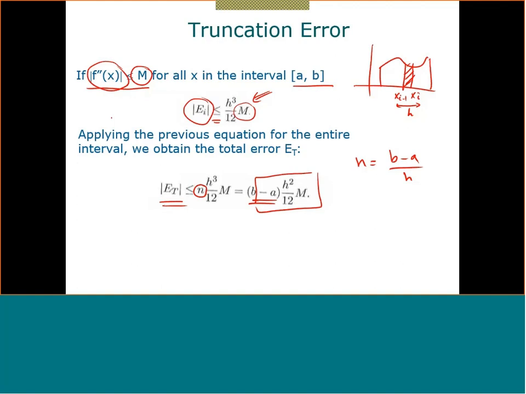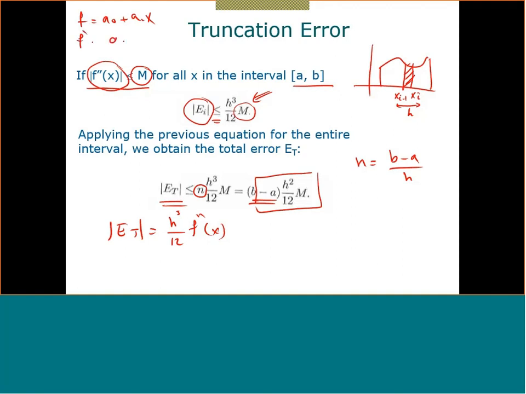Here there's something very, very interesting. If we just go back, we said that the error is equal to h cubed divided by 12 f double prime of x. Now, if I have a linear function, meaning my f of x is equal to a0 plus a1 x, what will be the f prime of this?